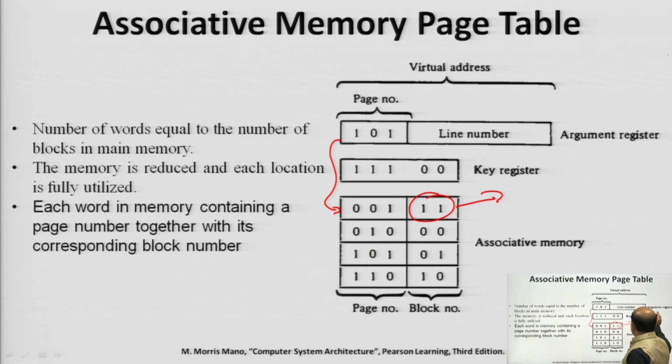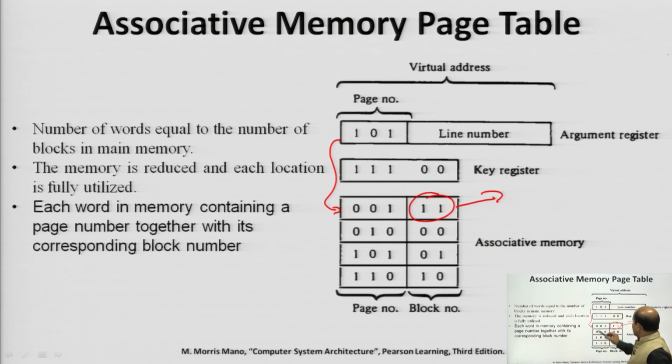So, here whenever the processor requests a particular page, that page number will be matched with all the entries of the associative memory table. And here you can see only the pair of page number and block number is stored. There is no requirement of a presence bit.